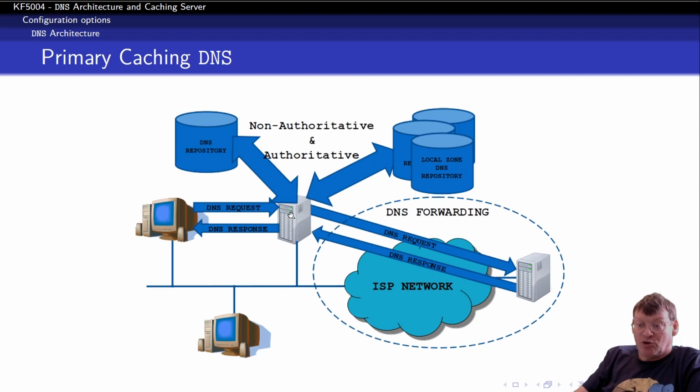So the request can come in, it can get an answer from either of these areas. If it doesn't exist, it will still go out over to the broader network, bring a response in, and then cache the result here. And then we would get the response to the client. So now we've got the functionality of both a caching server and a primary server in one area.